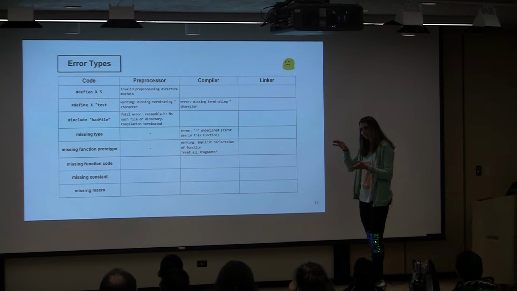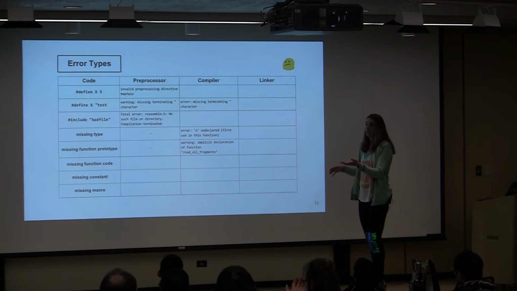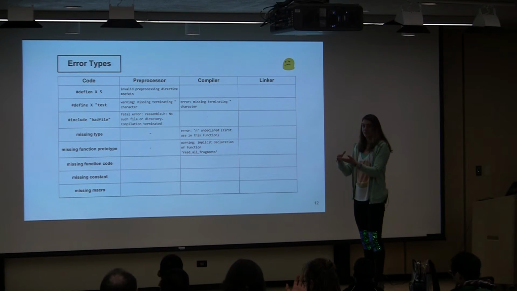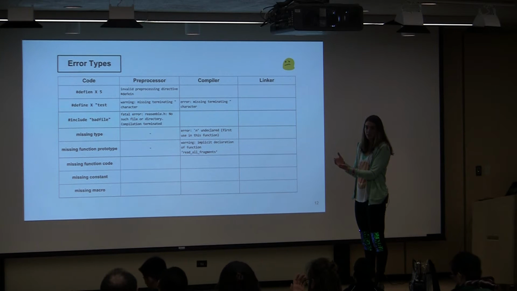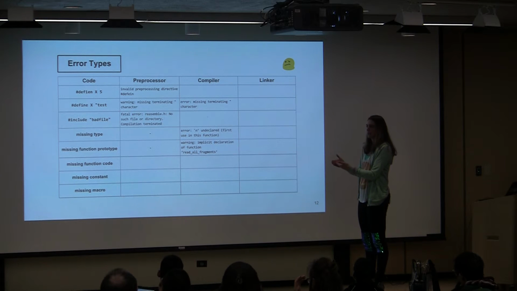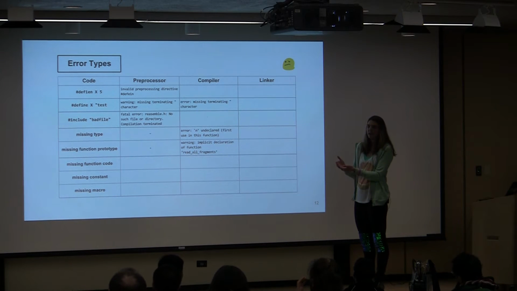The compiler can't see into the future. Maybe the linker is going to link that call to an actual function definition somewhere. But the compiler is noticing that there's no prototype around for that. It can't check the types. It can't check that you put the right arguments in there.